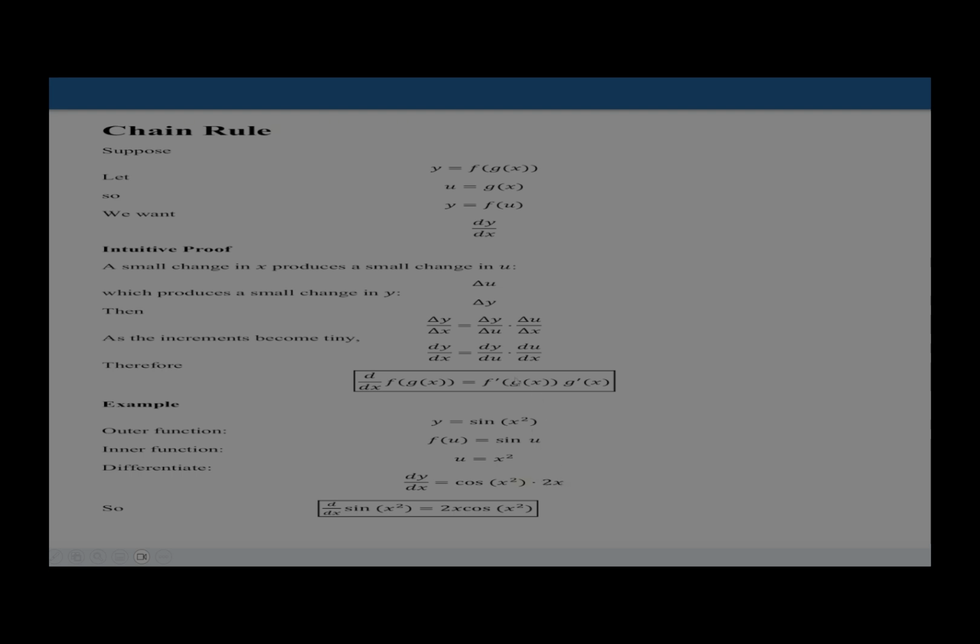We apply the function f'(g(x)) times g'(x). The derivative of sine is cos, and u' equals 2x. So that's the answer: the derivative of sine x squared equals 2x cos x squared. That's the chain rule, a very important rule. When you learn about derivatives, you will see all of that.